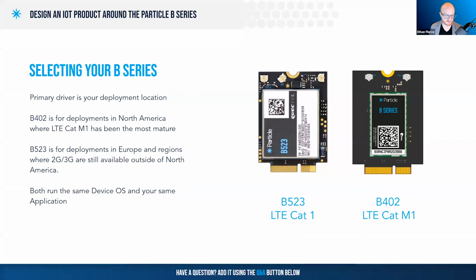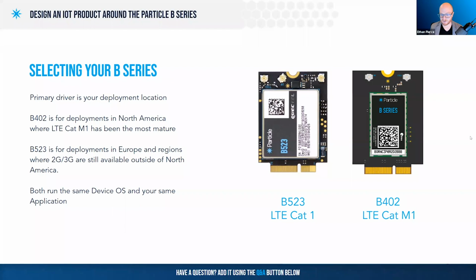And lastly, you'll want to think about where you're going to deploy your product. When you are building your IoT product within the Particle B series ecosystem, the primary driver is deployment region.